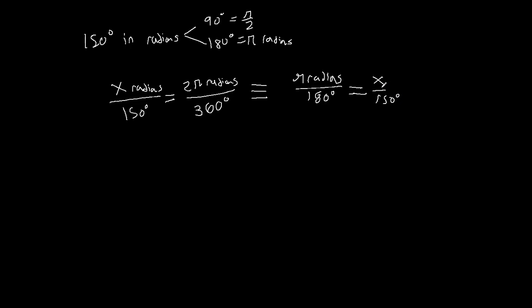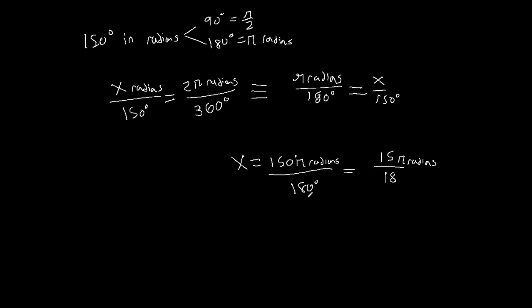So now to isolate x, we multiply both sides by 150, and we get x equals 150 pi radians over 180 degrees. So now we can cancel out the zeros, right? We're just going to start reducing this down. So 150 divided by 180 is the same as saying 15 over 18 pi radians, right? And the degrees also cancel out.